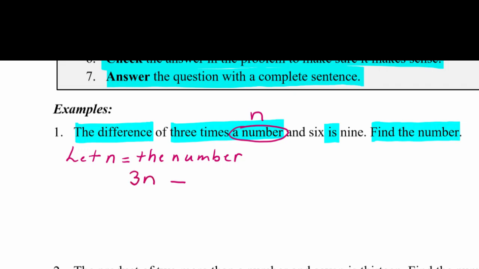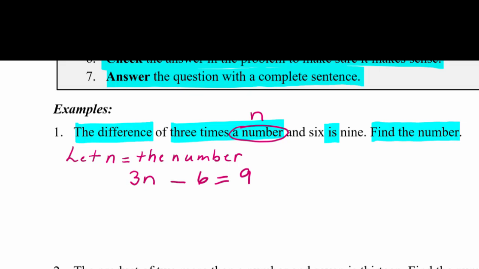So we're going to write 3n and difference, so we have that subtraction. So the difference of 3 times a number and 6, so 3n minus 6 is, so that's an equals, means equals 9. So here's our equation: 3n minus 6 equals 9. Now let's solve that.